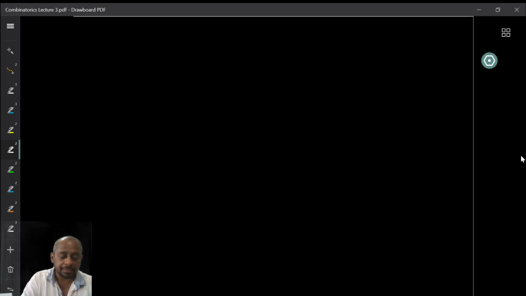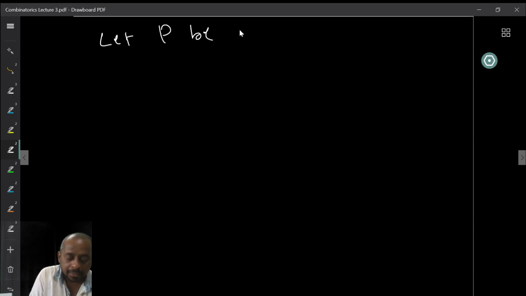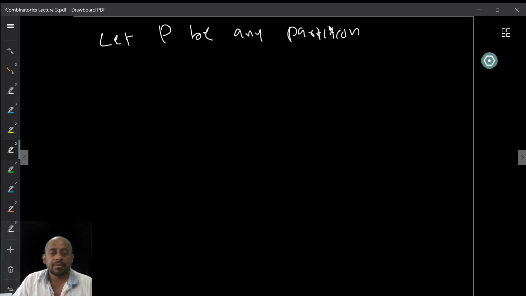If you take a partition P, let P be any partition, we can check the block in which the element n is there.